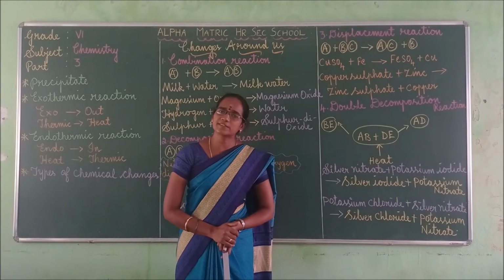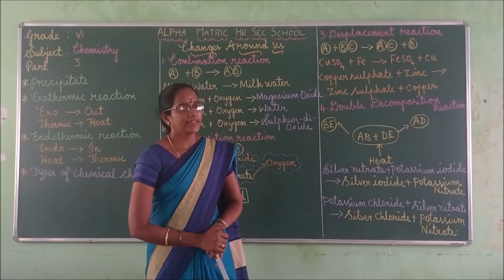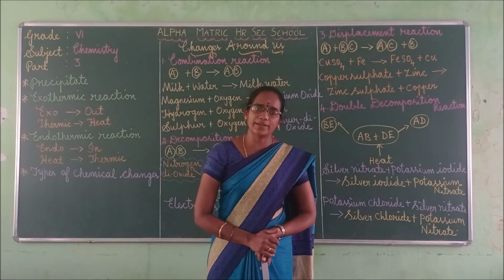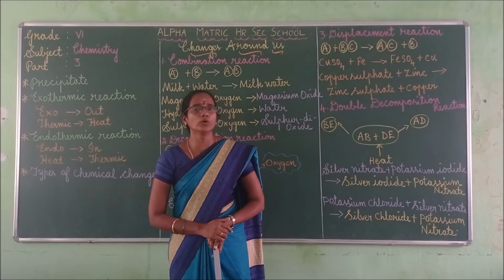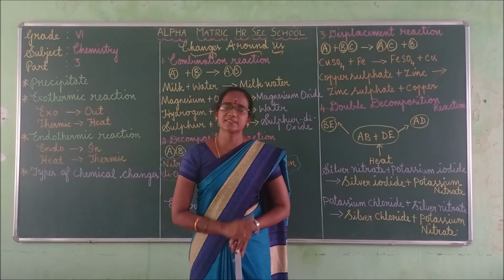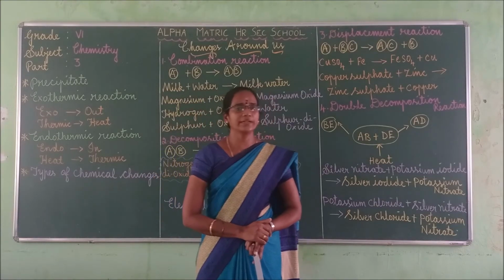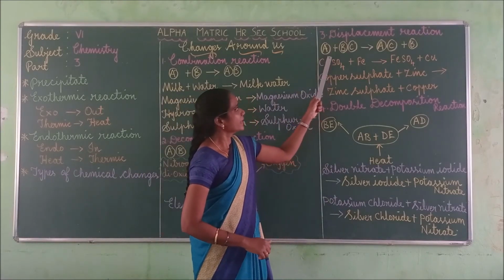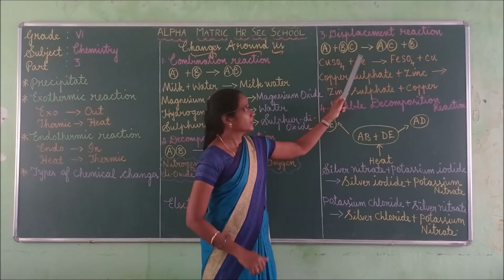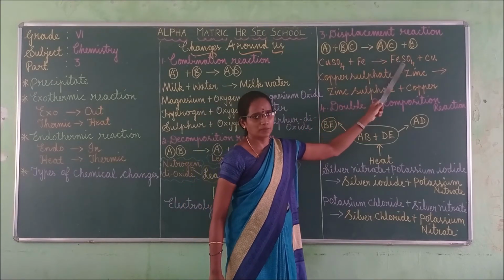Okay, what is meant by displacement reaction? When a highly reactive element displaces another element from a compound and takes its place, then it is called displacement reaction. For example, A plus BC gives AC plus B.